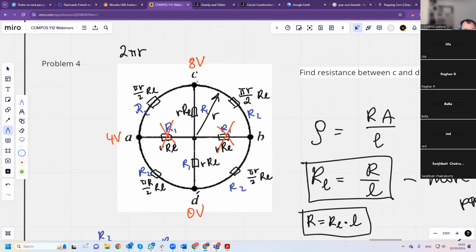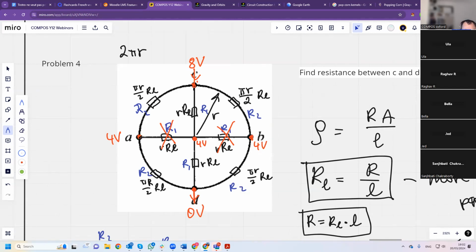And here you have 0 volts. So the current comes in from here, the potential is 8 volts, then 4 volts, then 0 volts. Halfway through the wires, you always have 4 volts.